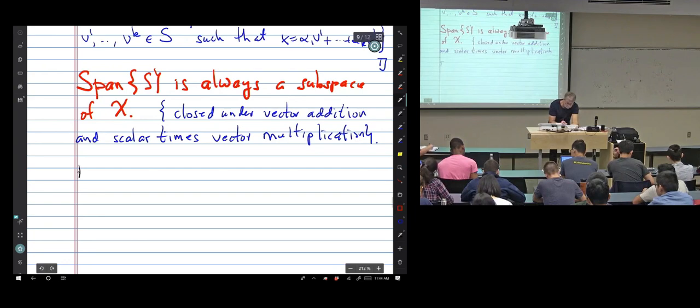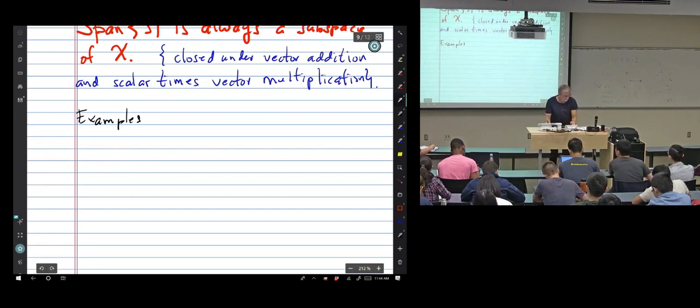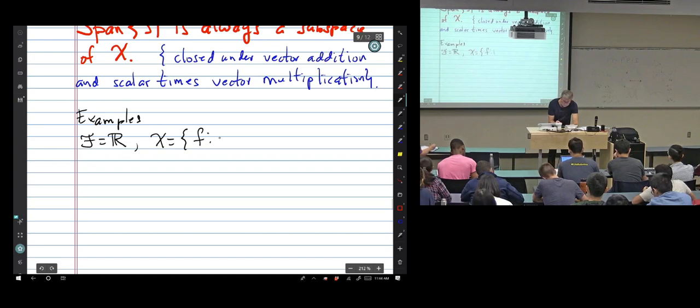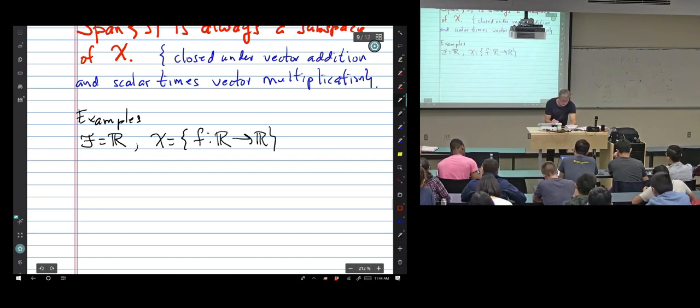Examples. F equals the reals. X equals all functions from R to R. S equals the monomials.